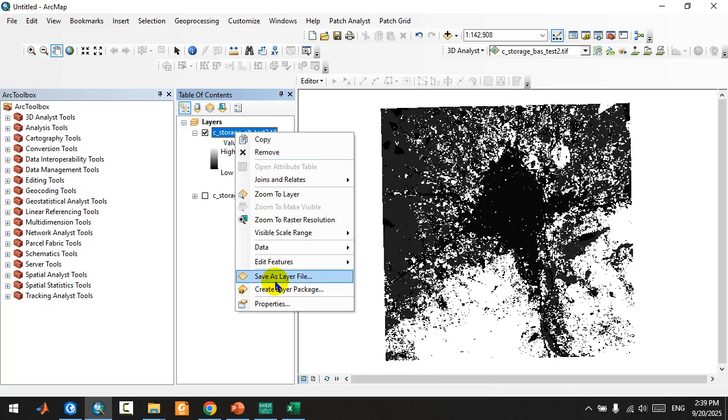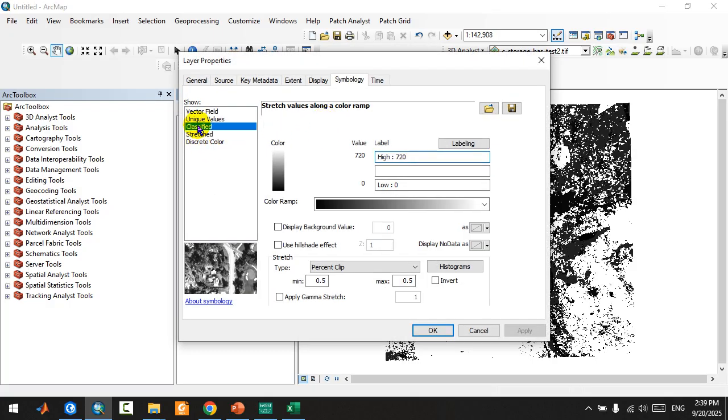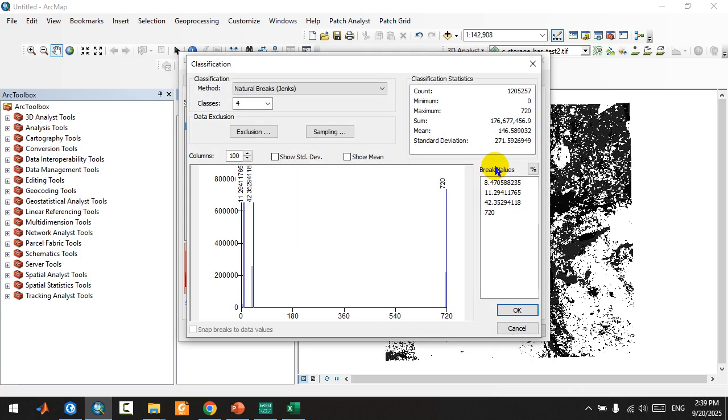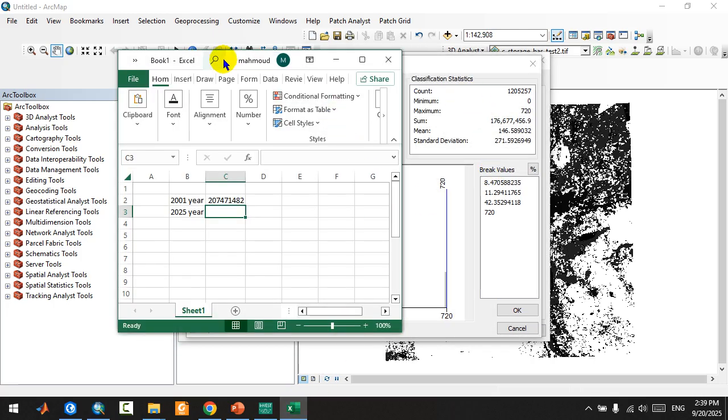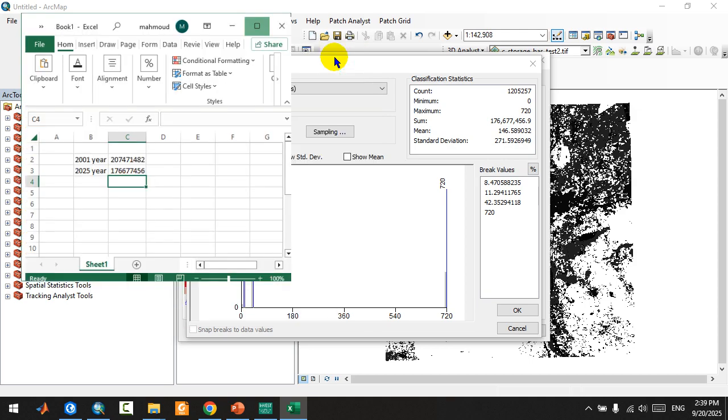Alternative, right click, properties, classify, again classify. The carbon storage is the sum of carbon storage.